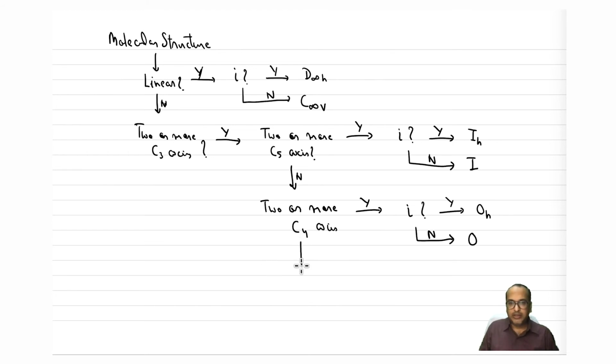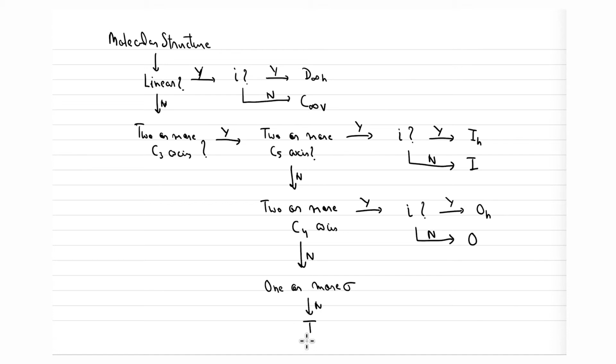Now if that answer is also no, there are no two or more C4 axes, then the next question is, are there one or more sigma? If it is no, then you assign it as the T point group.